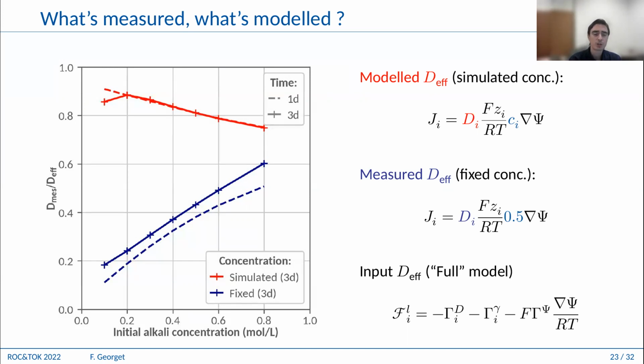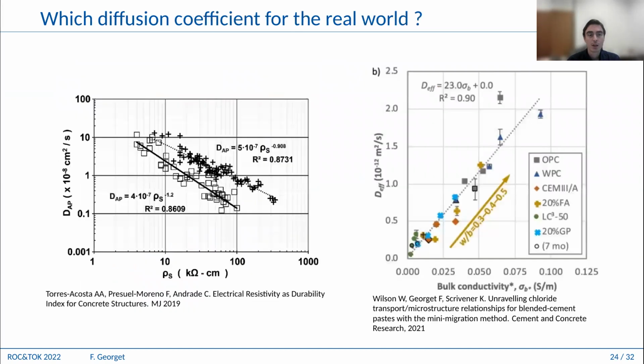Our diffusion coefficient is a function of our initial alkali concentration. It means that this effective diffusion coefficient that we measure is not an effective diffusion coefficient. It is more of an apparent diffusion coefficient. Is it a problem?